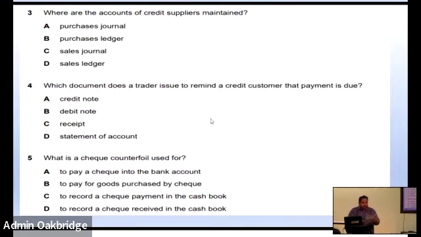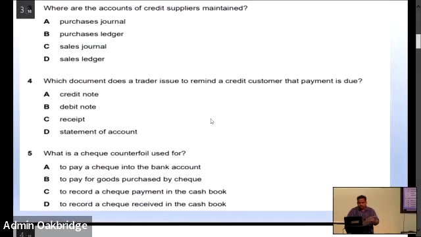To record a cheque payment in the cash book, yes. That's the source document or business document that you're using to record your transaction. So the answer for 5 is C. Number 6.